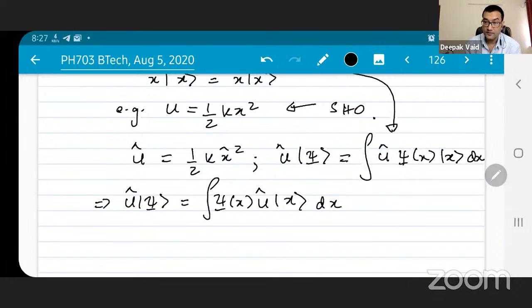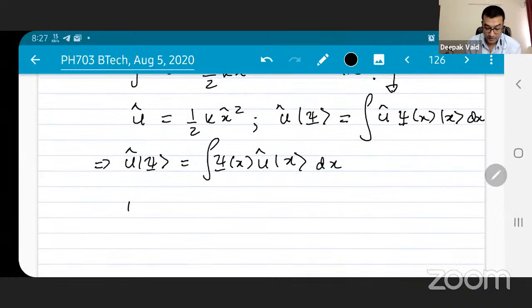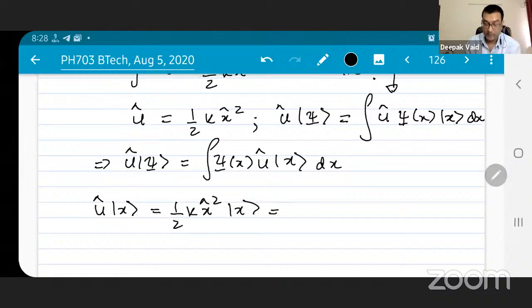And what is the operator U? U hat is 1/2 k x hat squared. So if I take this 1/2 k x hat squared and act on the state x, what do I get?